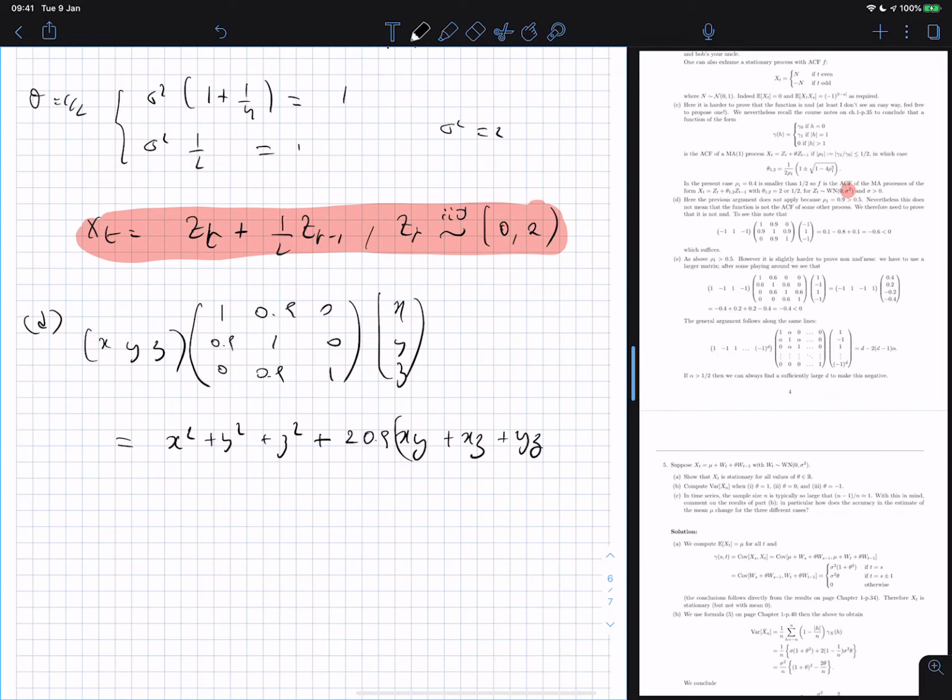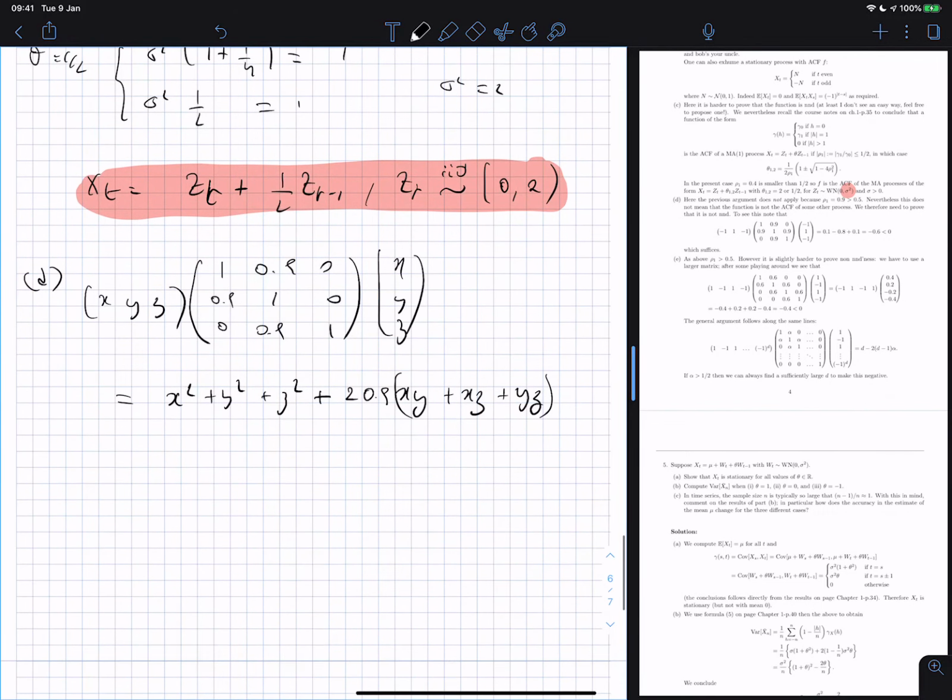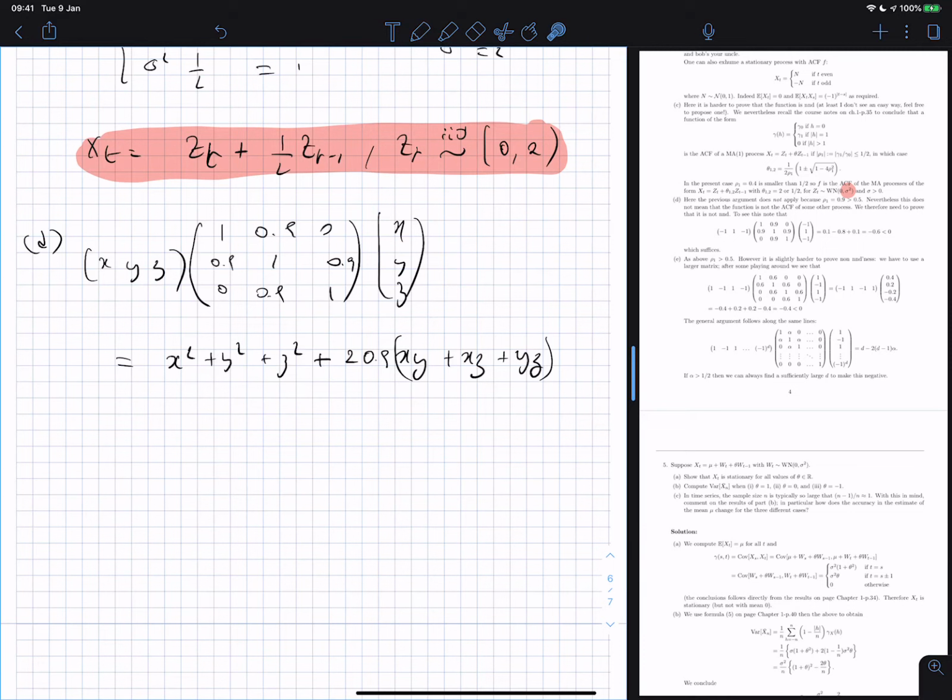I think that's what it's going to be. So I'm going to get 0.9 times... Does this look okay?